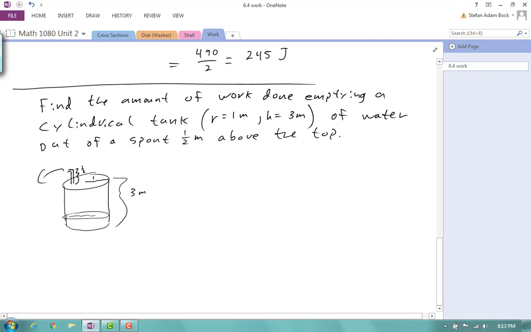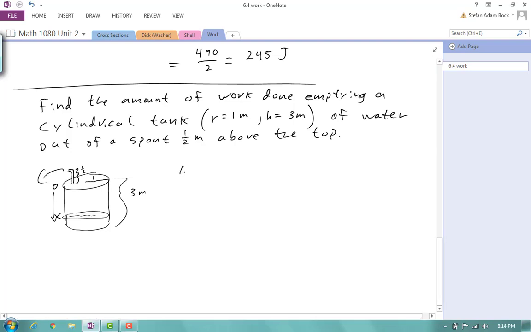So I always start my x's at the top, so 0 down to x here. Let's consider a layer of water within the tank. Based on what I've drawn here, x is the depth of the layer. Not the height, but the depth. You can do it in terms of the height, but it's a little bit more difficult.